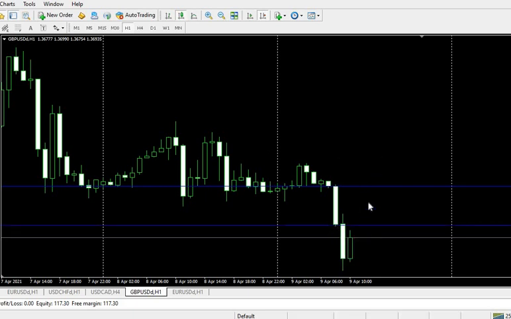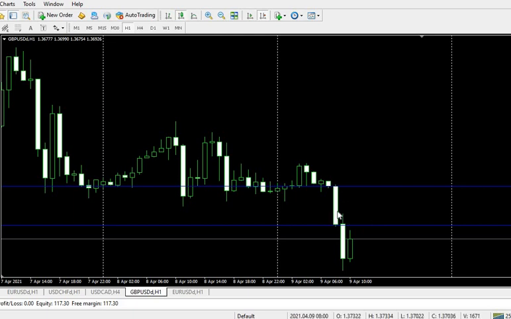Within this line is what is called the 1 hour period, because this is a 1 hour time frame. So after the close of this candle, the EA will assume this is the only place it can place a trade. Anything outside this particular box, no trade should be placed.